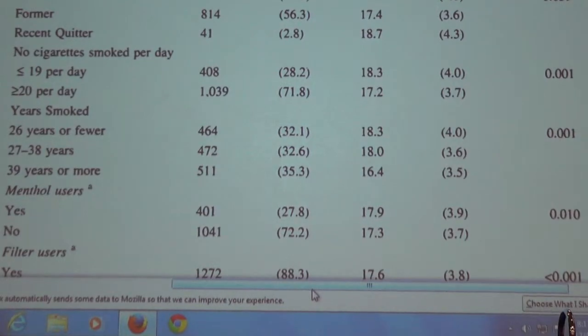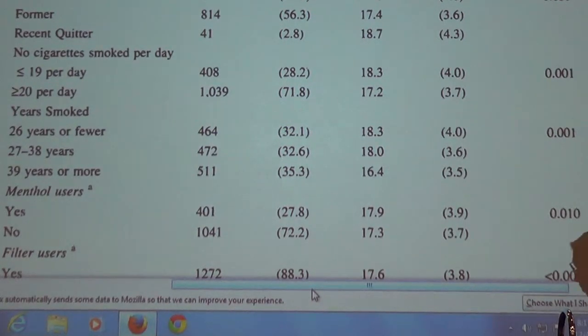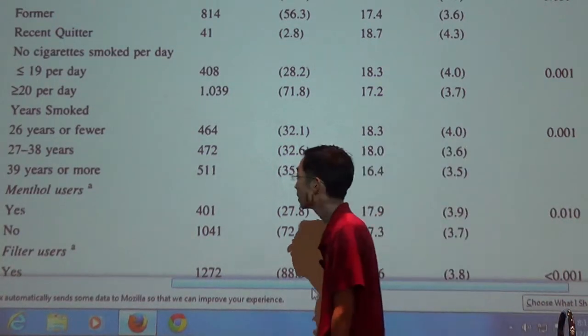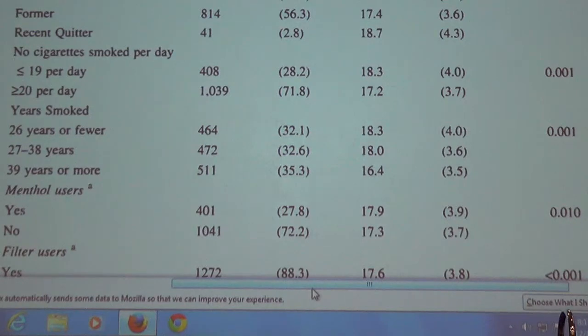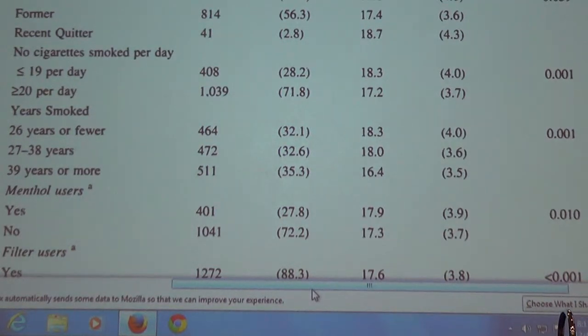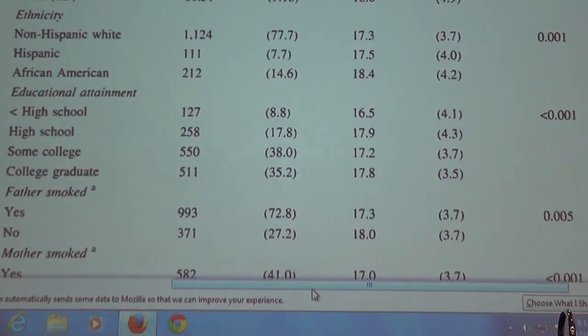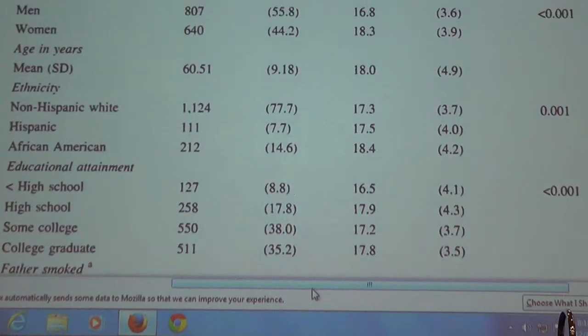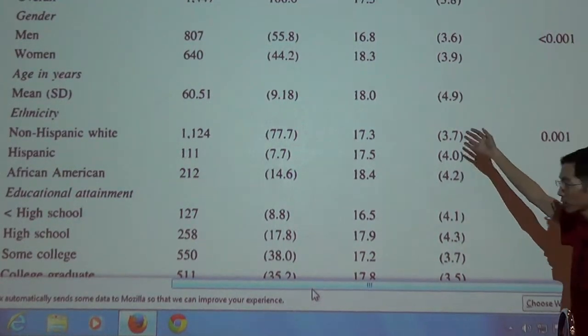I have a question. Can you explain what the p-value means regarding, let's say, one of the groups? Okay, so let's go back and look at this ethnicity example. We have three groups.